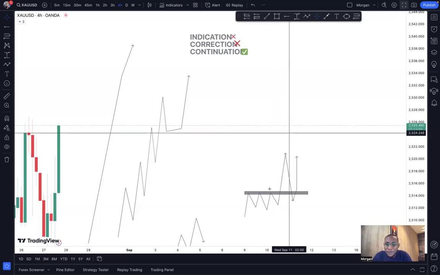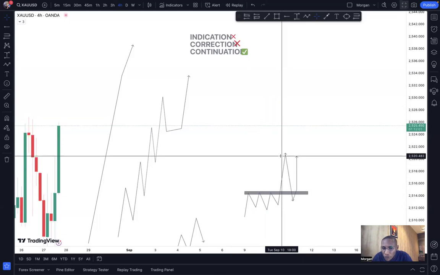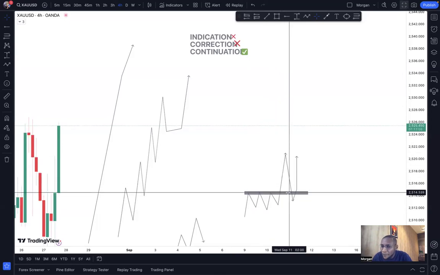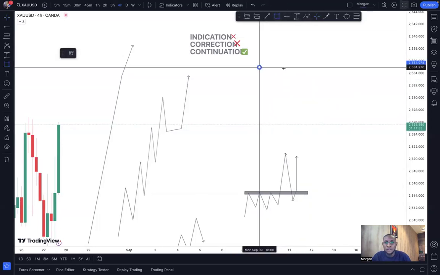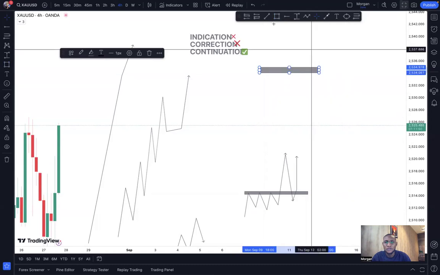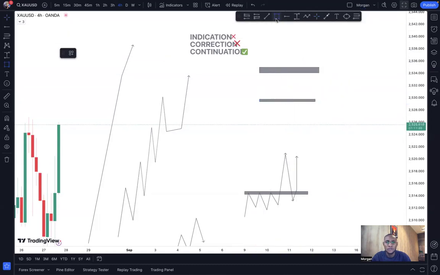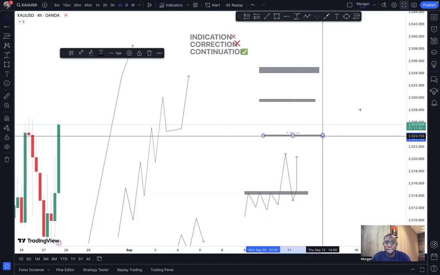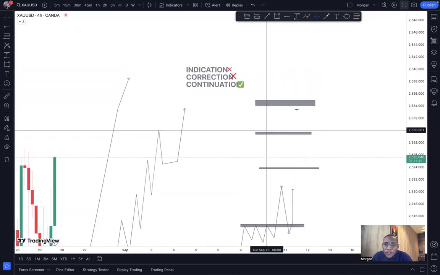And this is the same thing here. This was the roof. Price now broke above this roof, and then this became a floor. Let me work it out. This is a 3-story building.